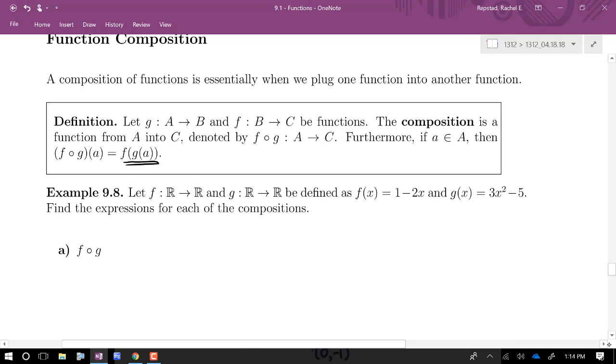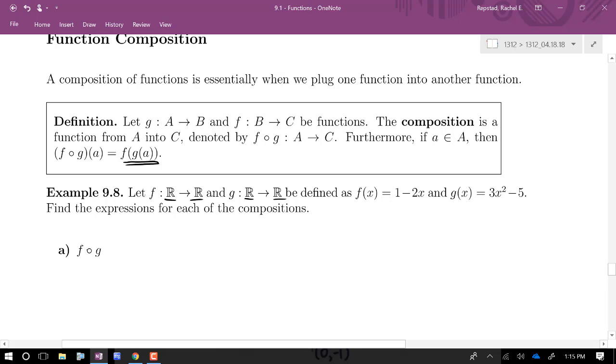So for example, if I have a couple of functions, both of these, by the way, map from reals to reals. That means that the composition is defined, right? Where the G function spits out is precisely where the F function maps from. So certainly if your sets are all the same, then your compositions are defined. We have our F function is 1 minus 2x, and the G function is 3x squared minus 5.